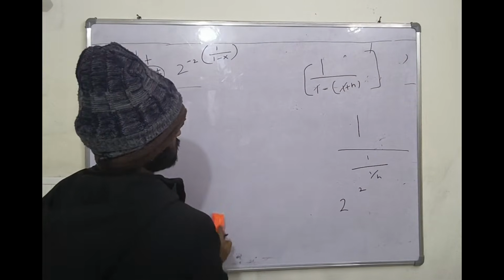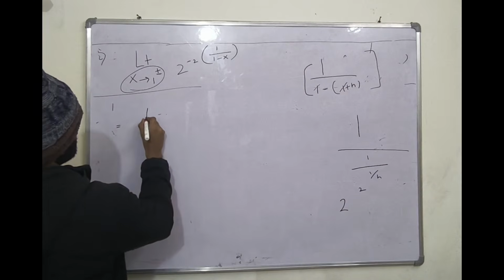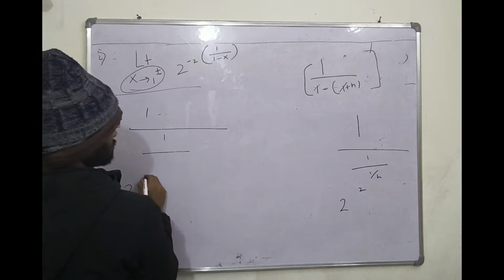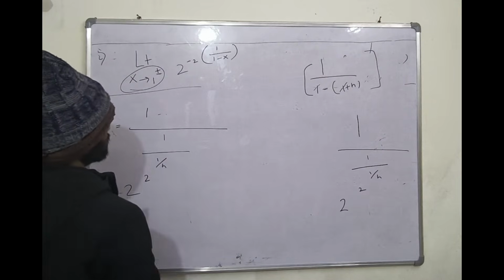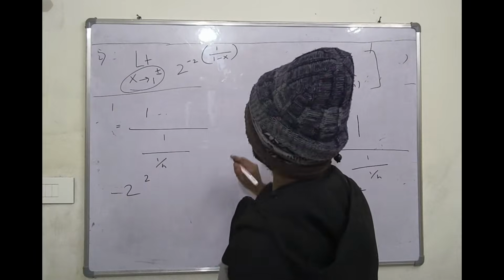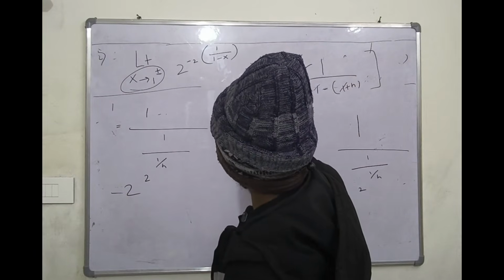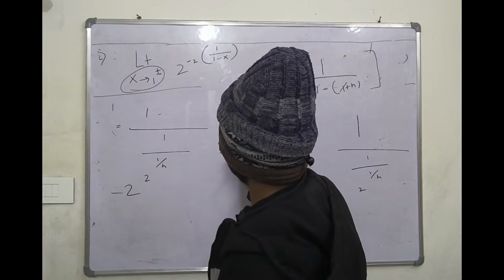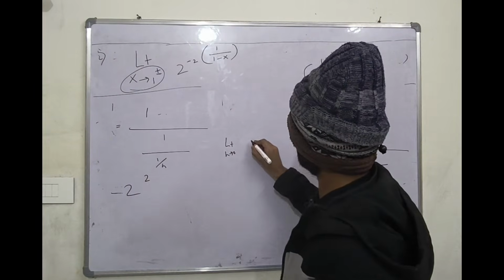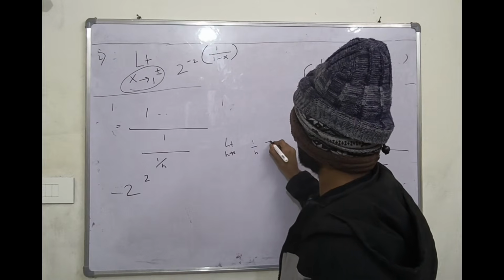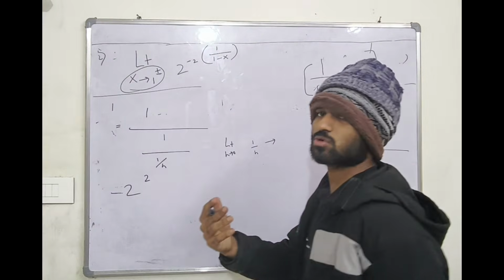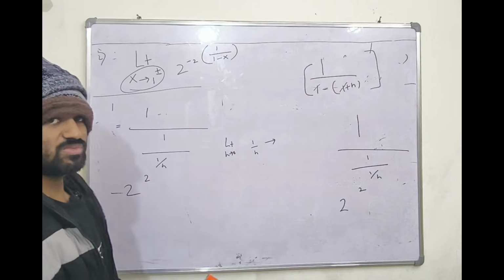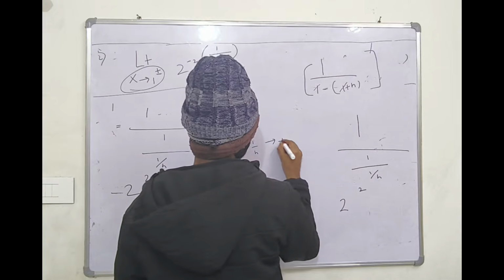So we got 1 by 2 power 1 by h. Now, limit h tends to 0, 1 by h tends to, since h is positive, 1 by h must be tending to plus infinity.